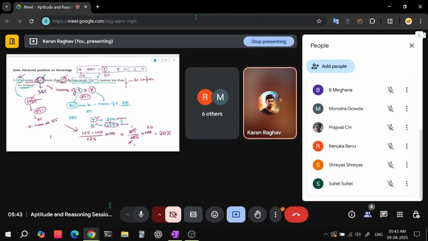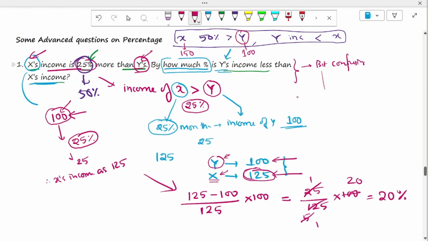Anybody? So it is very important when I'm explaining, you need to understand each and every line, then only you'll be able to solve such questions. Okay, I will try to solve this once again. You can see I'm just making a place here.